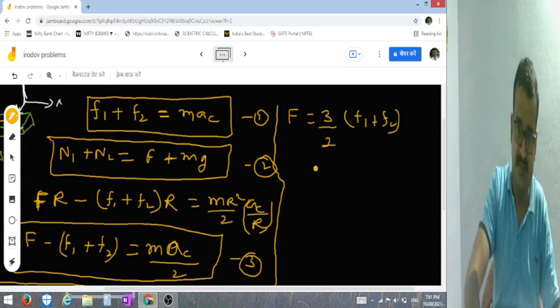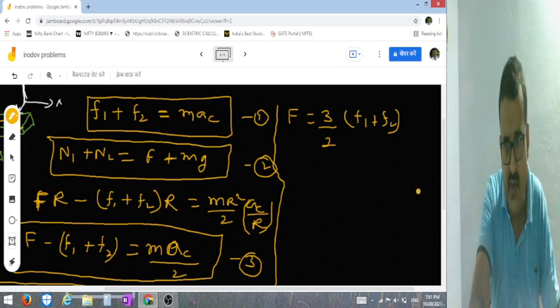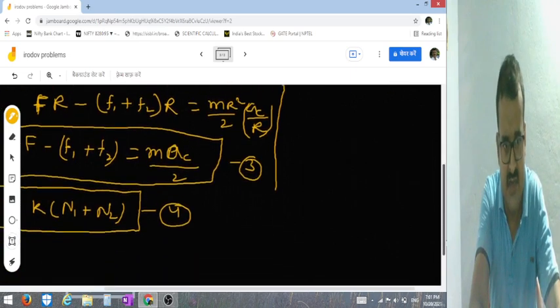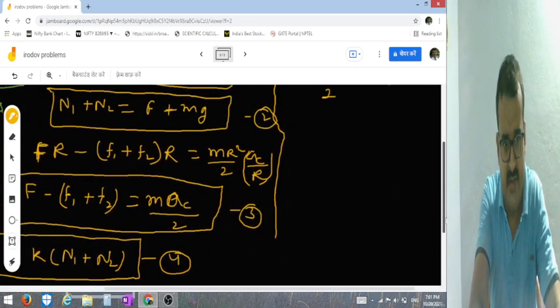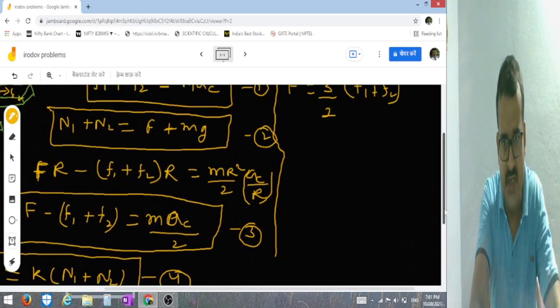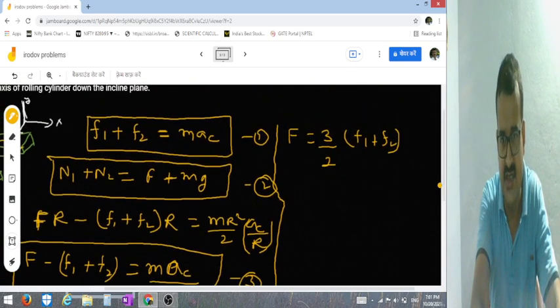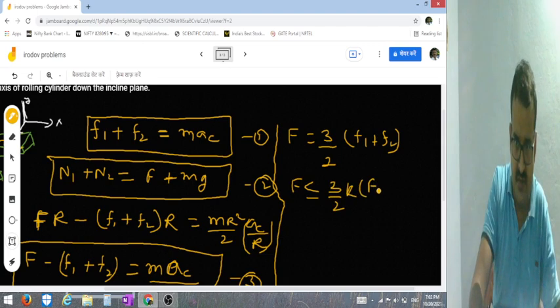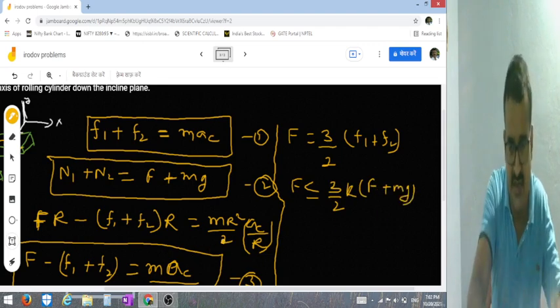Now if you go for equation number 4 and combine the results of equation number 4 and 2, you can write that this force must be less than or equal to 3 by 2 of K times (F plus mg). N1 plus N2 is equal to F plus mg.